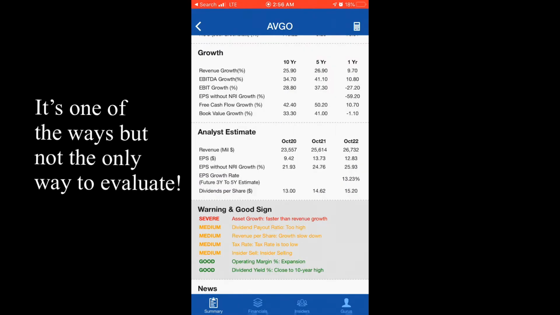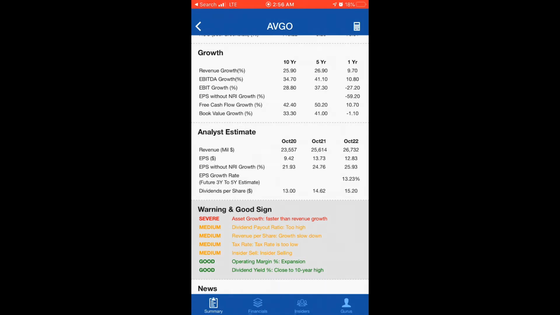But how can you try to find a value for Tesla? You use the PS, the price to sales ratio. The thing I like here is the analyst estimates. I like to see the EPS for the next years. As you can see, the EPS for 2020 is estimated at 9.42, and then look at how it jumps to 13.73 in 2021 and 12.83 in 2022.